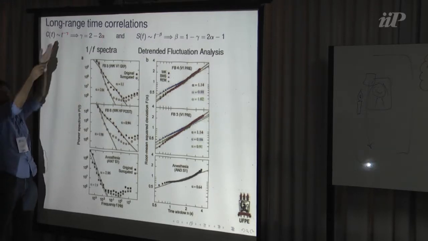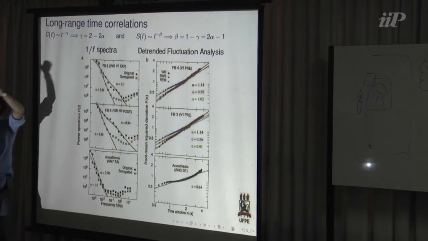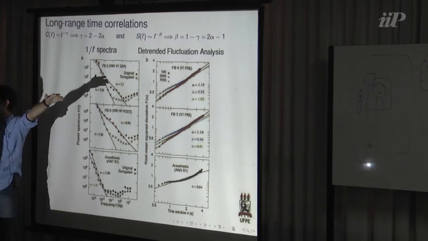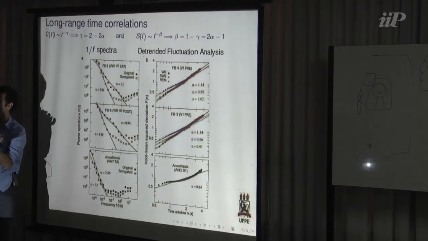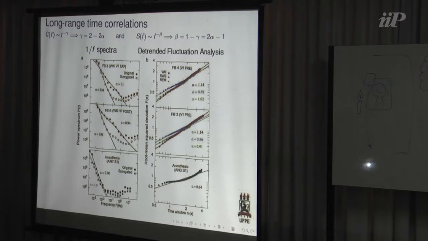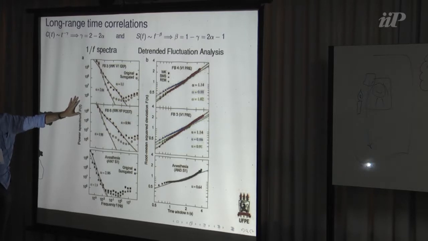If gamma is close to 0, your correlations are infinitely long range in time, which is a signature of a critical process, a critical system. You see, you have these long-range correlations in time. Okay, so that looks more like a critical system that I can accept.